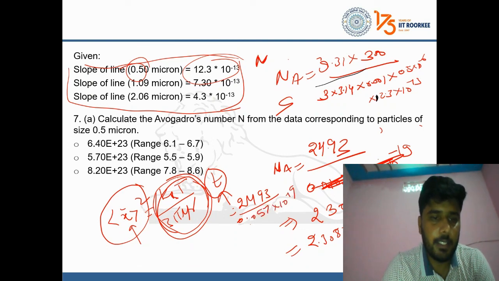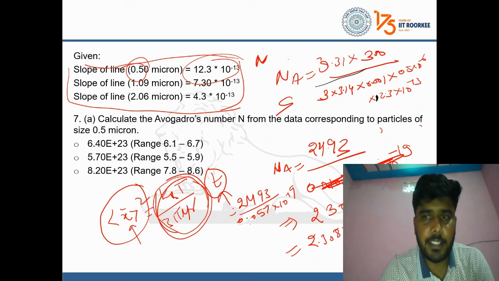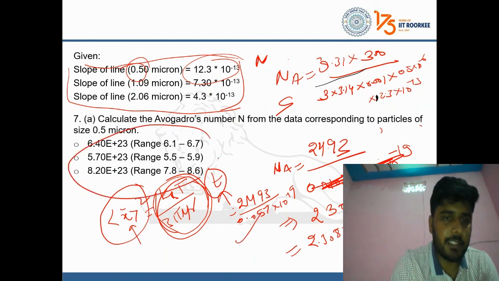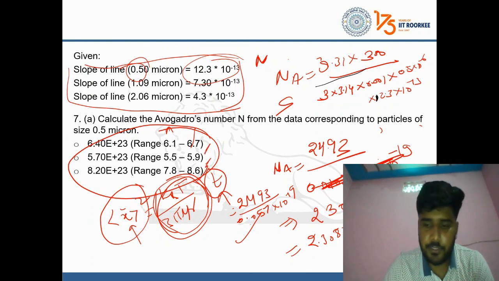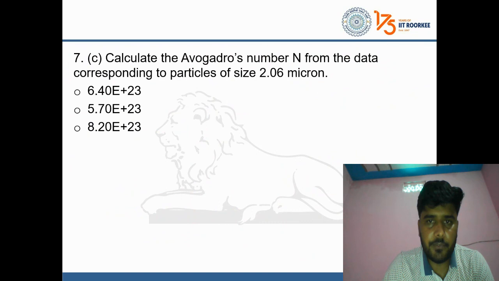Now you divide 2493 by 0.057, and you will get the right answer for it. You have to select accordingly, and a range is given here for the values. You can get this term between these values. So accordingly do it for different radius values.